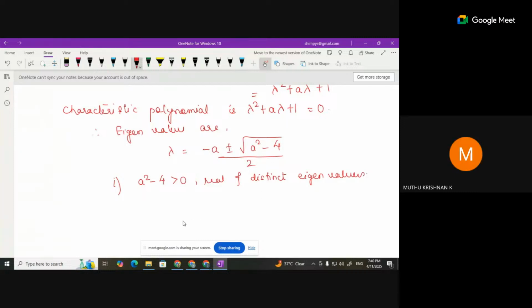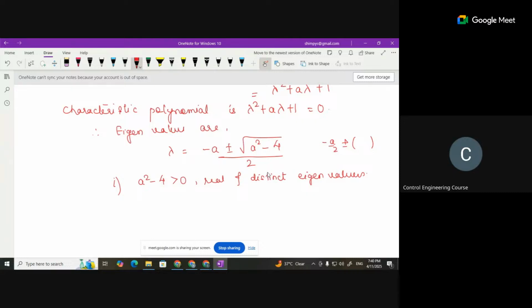So this is real, and the system is going to be stable in this case, because the real part of lambda will be less than 0. If this is greater than 0, then lambda is minus a by 2 plus minus some value.